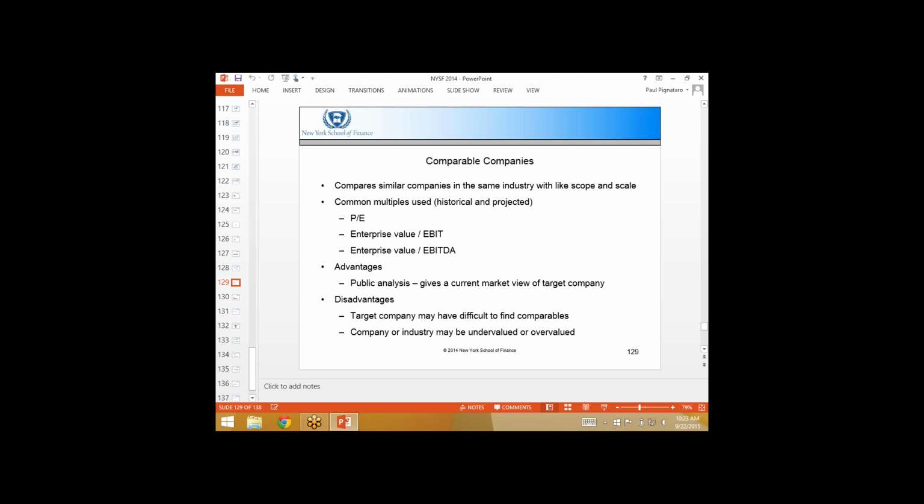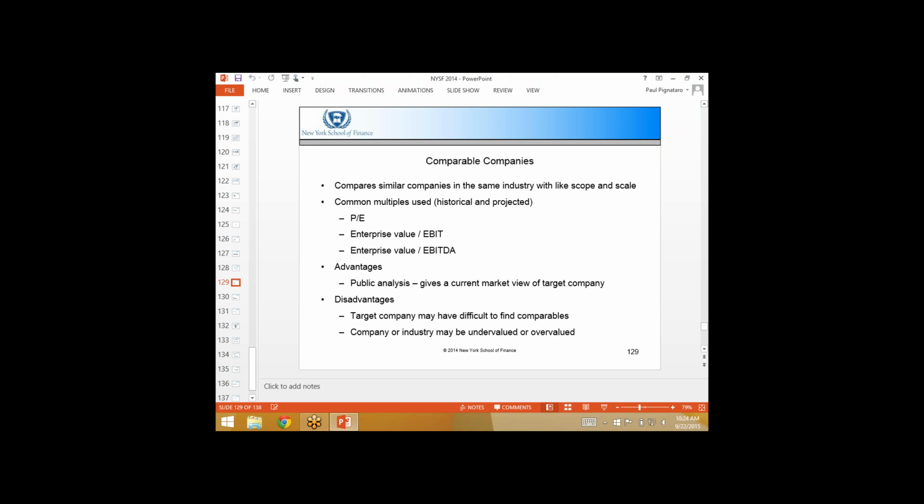The most common method is the comparable company analysis, which compares the multiples we just discussed, your company versus several others, 6, 12, looking for companies similar in product, scope, and scale. We'll go through a comparable company analysis tomorrow and Thursday.